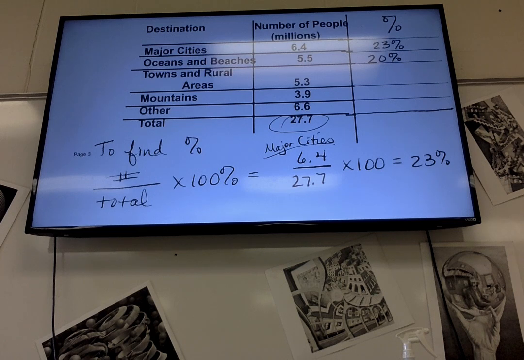Bobby, what'd you get for towns and rural areas? That's fine. I got 19. Did you really, or did Arthur get it? Okay. I heard him say. All right. Good.